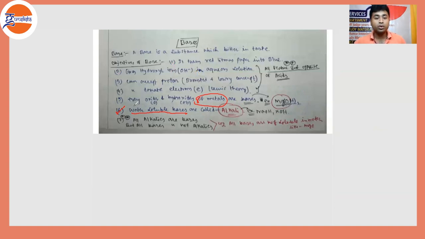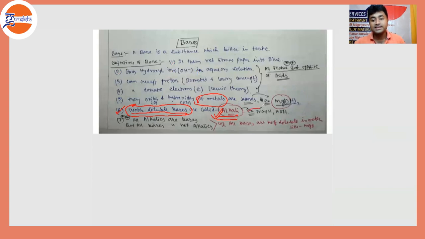Some bases are water soluble, that means they are immersed or ionized in water, and they are called alkali. The water soluble bases are called alkali in the language of physics.